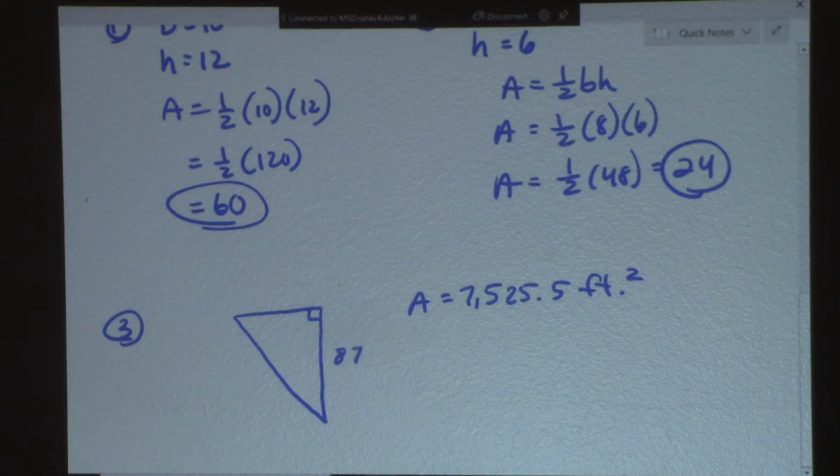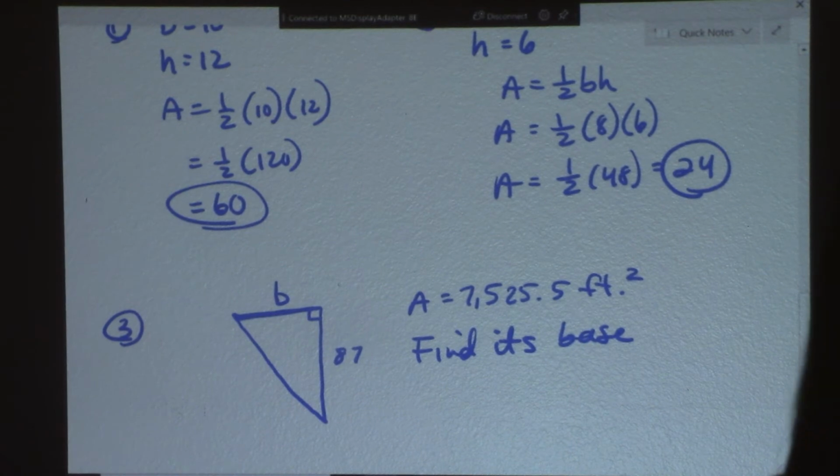And the question is, find how long the base is. Find its base. So I'm looking for this here, which is a B. Okay? I want to know how long it is going along that street.